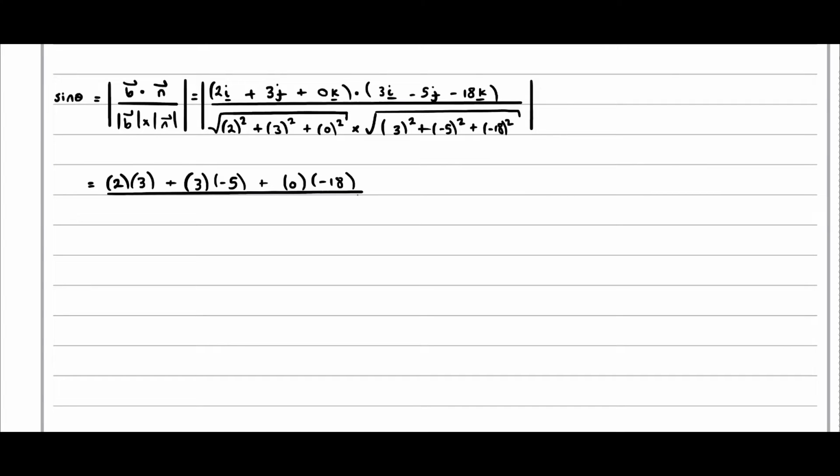And we divide this result by 2 squared plus 3 squared plus 0 squared, that's 13. So we have the square root of 13. And then 3 squared plus 5 squared plus 18 squared, that's 358. So we need to find out the magnitude of all this.